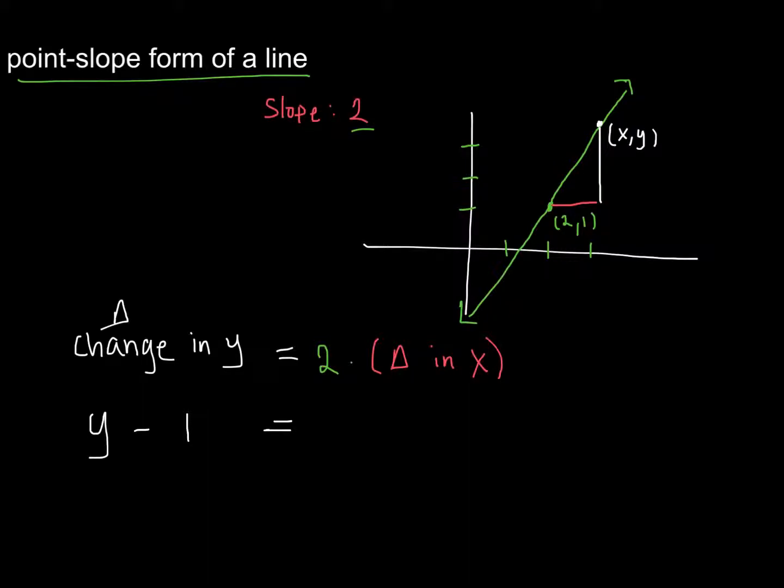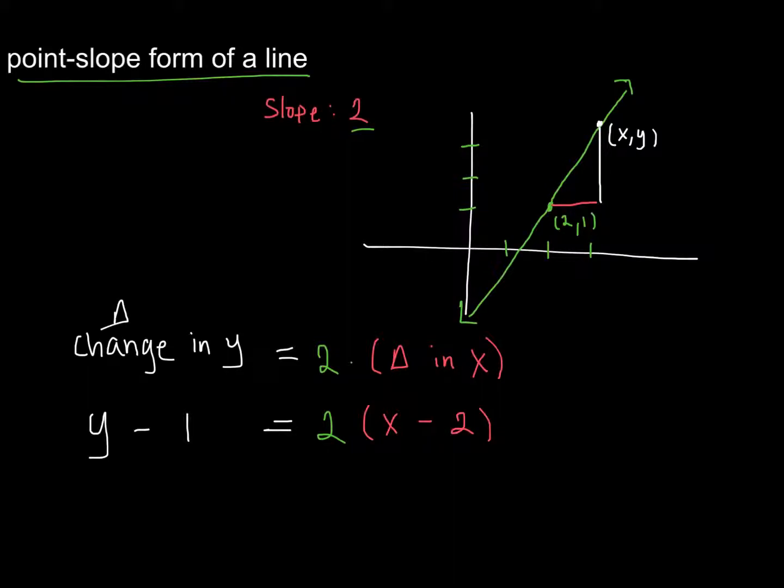And that will be equal to the slope times the change in the x value. And the change in the x value is whatever your x value is for your unknown point, minus the x value of your known point, or in this case 2.